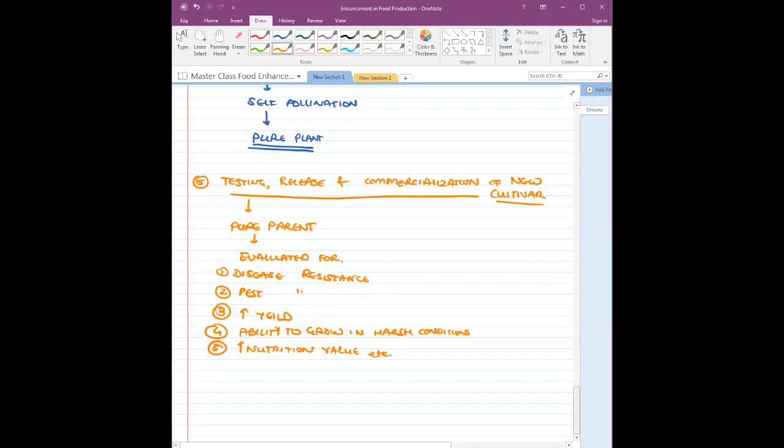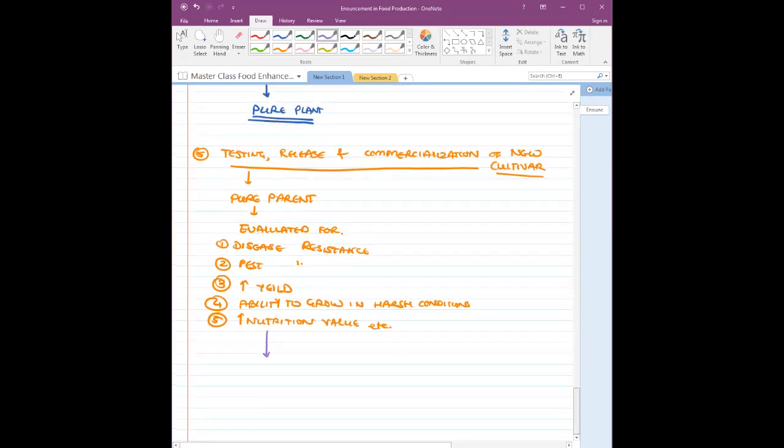But now what is going to happen? See, guys, once you have got a new variety, you need to test this thing and you need to get it approved. Unless and until you get it approved, you cannot release it into the market. So now the Indian Council of Agricultural Research is going to come into action.